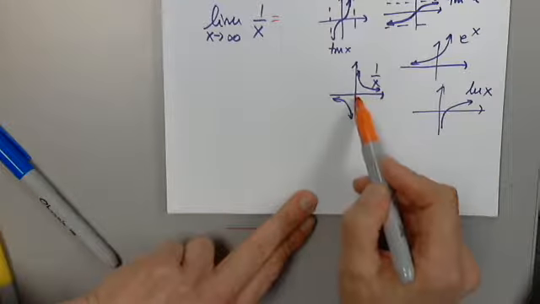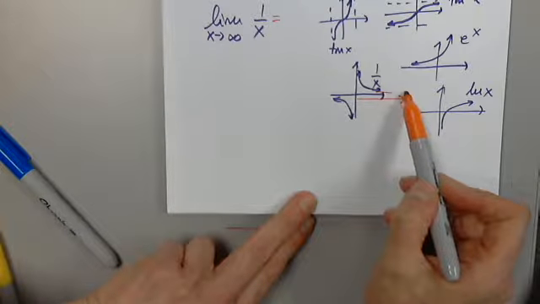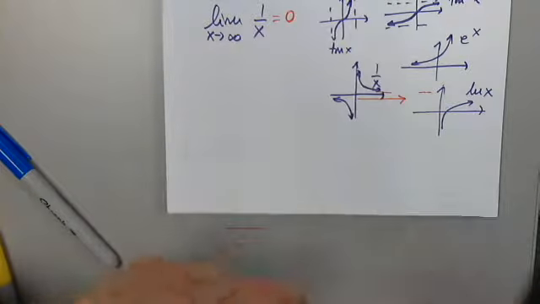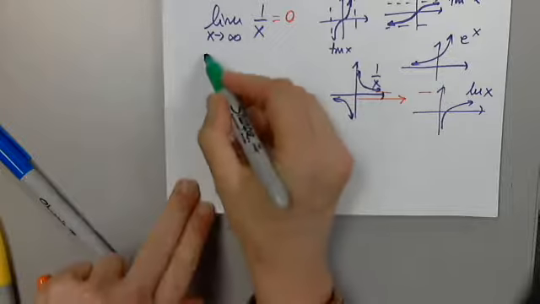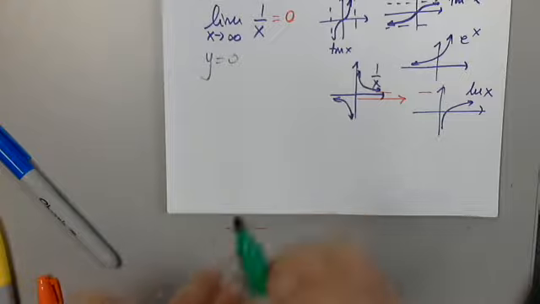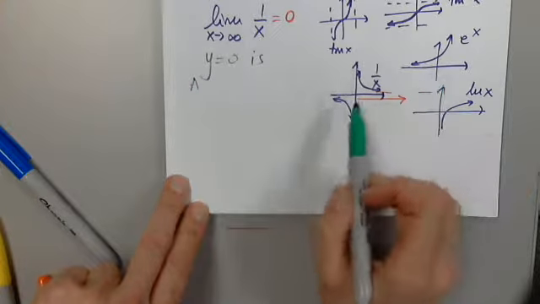As x approaches infinity, the function values get closer and closer to 0. So this is a very important limit. As x approaches infinity, the function approaches 0, which means y equals 0 is, for this particular function, a horizontal asymptote. It cannot be vertical.